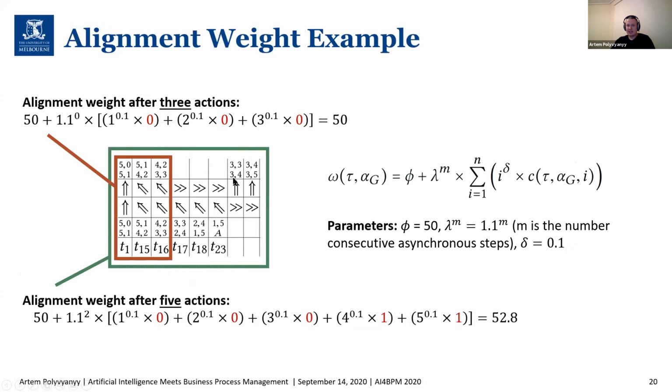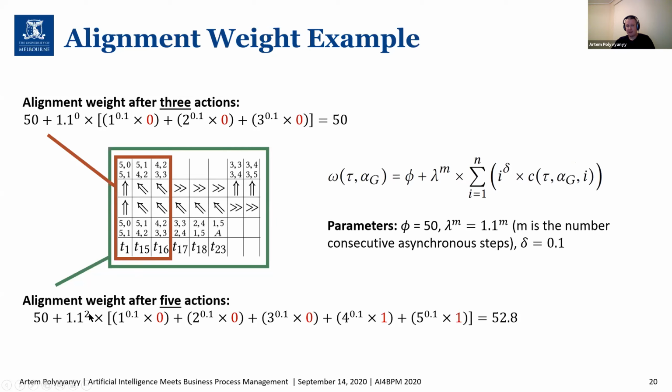So here are some examples. If I compute the alignment weight for the first 3 steps, which are completely aligned, and for these parameters, phi or 50, well, there will be 50. Everything else is aligned. The weight of that trajectory is 50. But if I compute my weight for this complete trace of 5 steps, then I'll have my 50 cost, which is a smoothing factor.